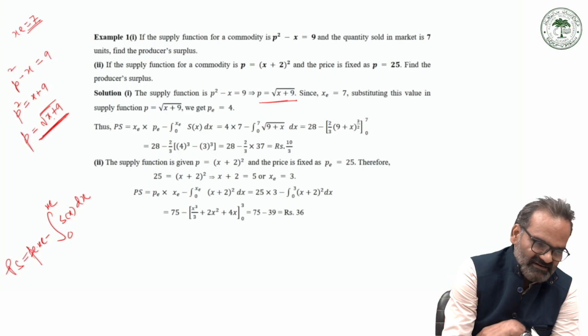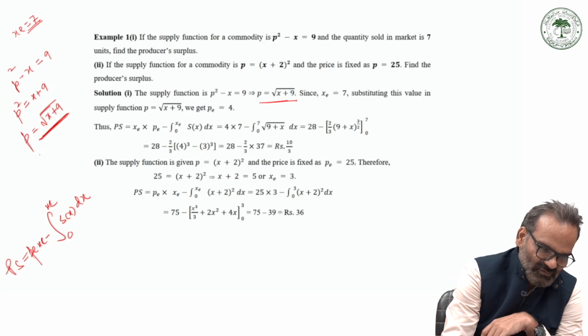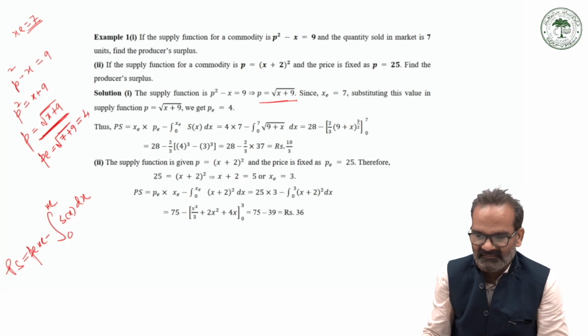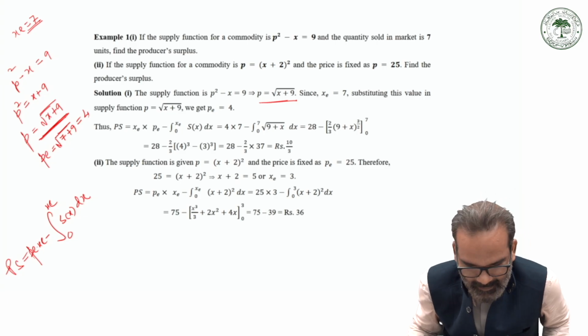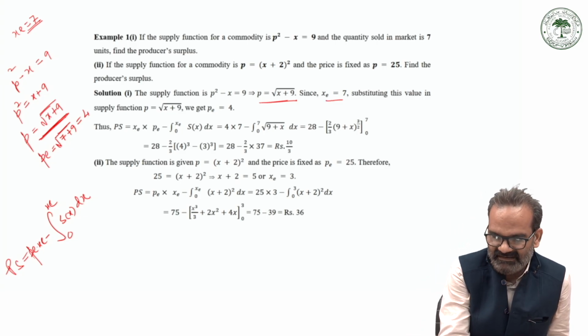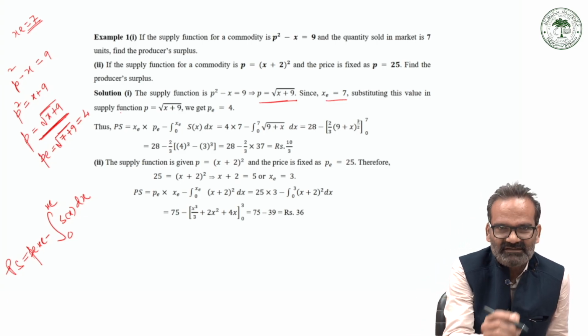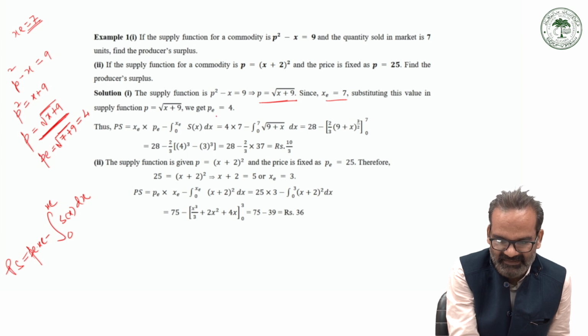So P is this, put x equal to 7. So what is the value of PE? Root of 7 plus 9, that is root 16, that is 4, right? Since XE is 7, substituting this value in the supply function, we get PE as 4.